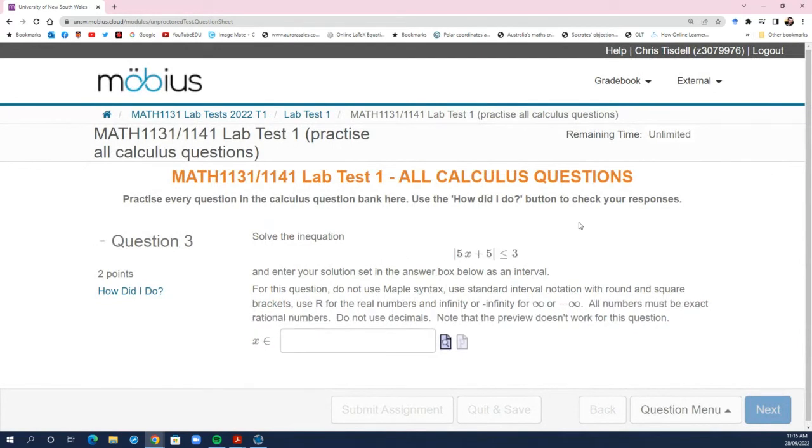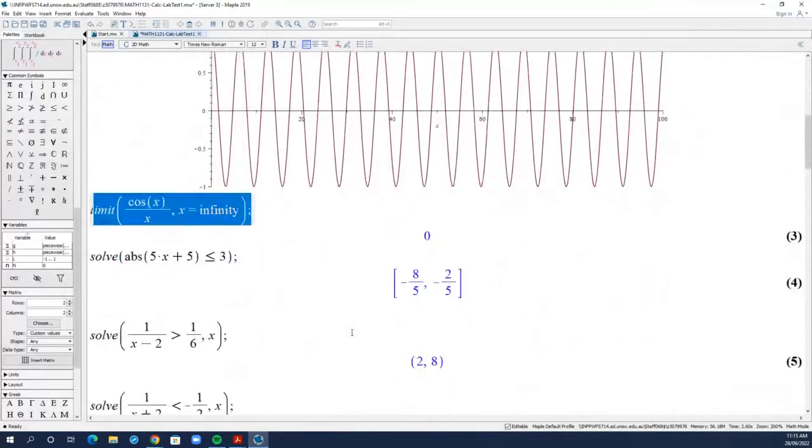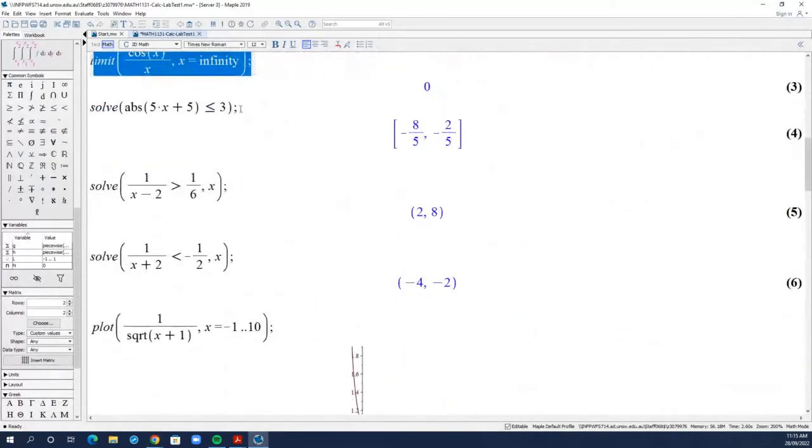Okay, so this is another sort of classic example. You're solving an inequality with absolute value signs, and it's more kind of high school related. Some of you will have seen this at high school. And there are many ways to do this, but like I said earlier, Maple can solve these inequalities, right? So what I can do here is basically, I want to use the solve command.